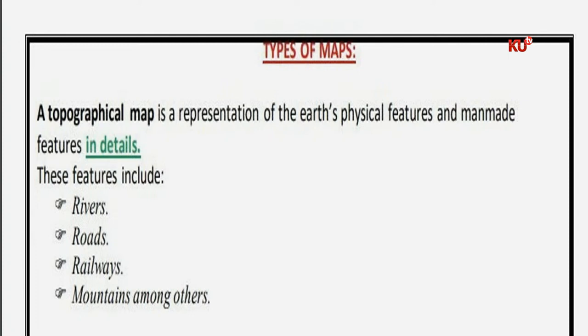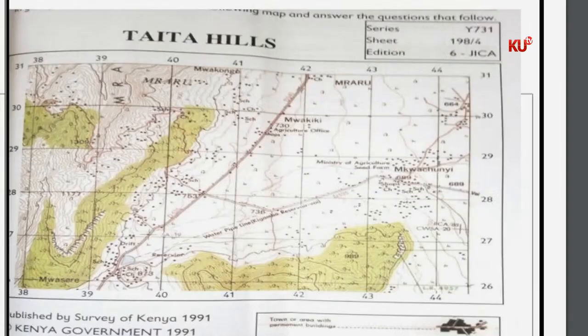Now, if we go back to the map of Taita Hills, you will find that there are figures that you will be able to observe keenly. We have rivers, roads, railways, mountains, and we also have vegetation.